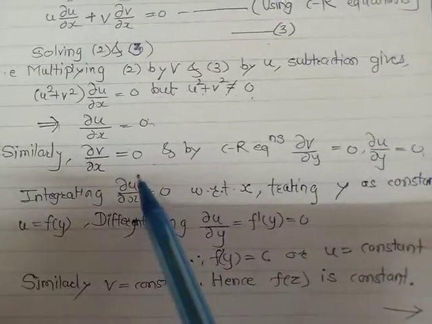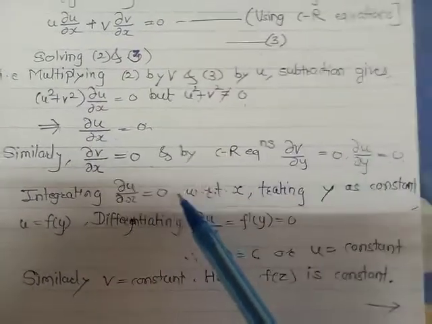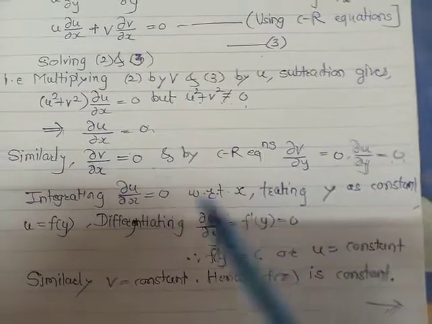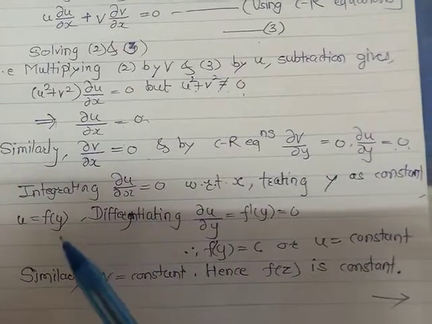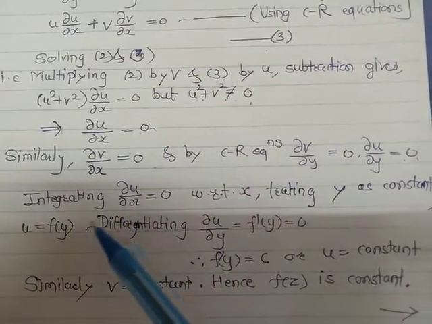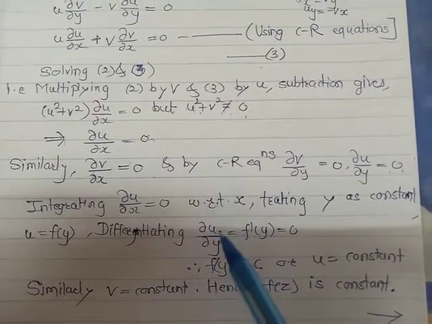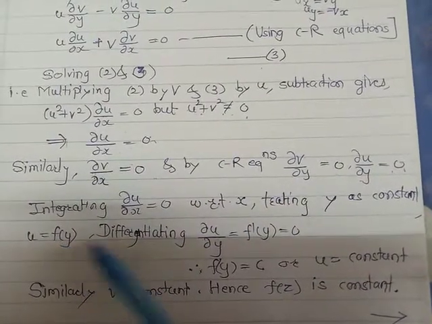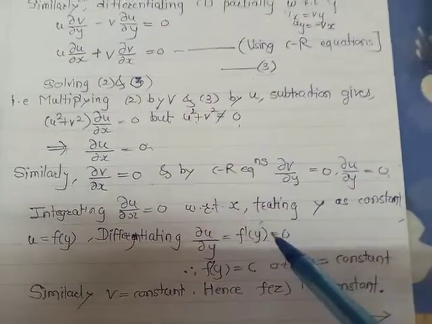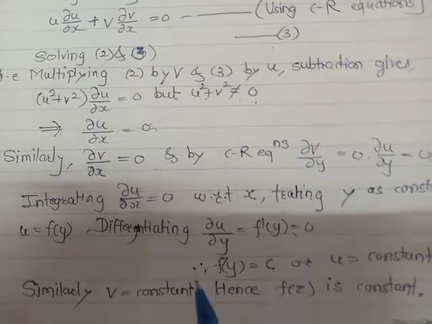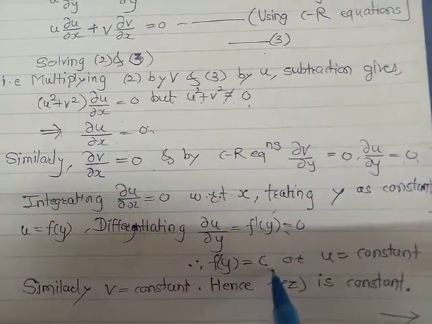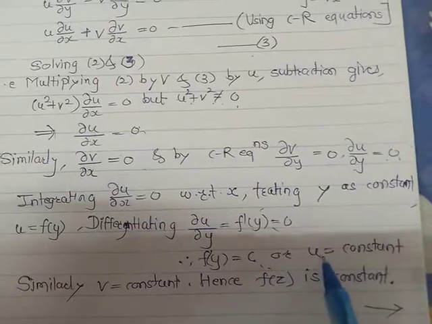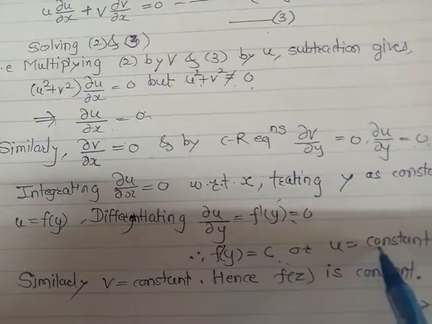Now integrating ∂u/∂x equal to 0 with respect to x, treating y as a constant, u is equal to f(y). Differentiating, we get ∂u/∂y is f dash y, which is equal to 0. Therefore f(y) is c, or we can say u is constant.